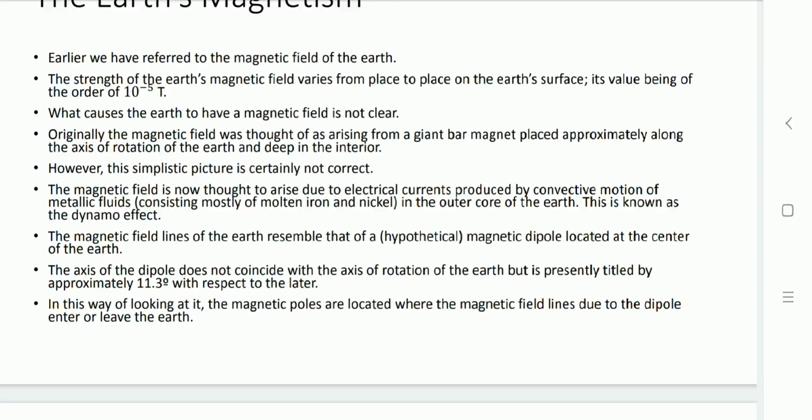Based on the magnetic field lines, we can define the magnetic poles present due to the dipole, as the magnetic field lines enter or leave the Earth.